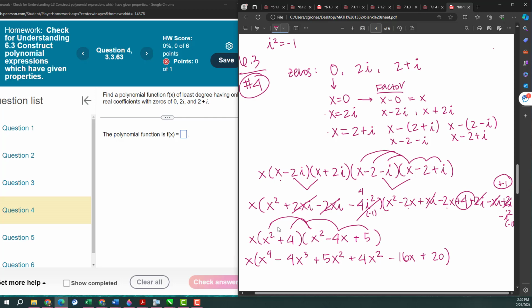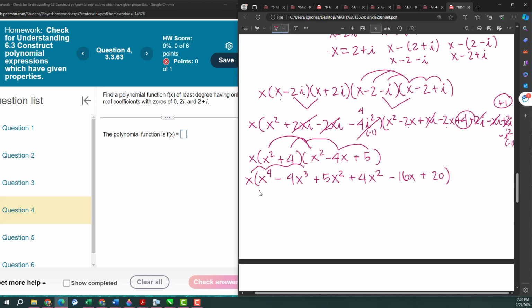Alright, so we've multiplied those. Now we just need to multiply our x to everything. So we get x to the 5th minus 4x to the 4th. Oh, we need to join these two together. That's going to be 9x squared. Multiplied by x gives us 9x cubed. And then x times negative 16 is negative 16x squared.